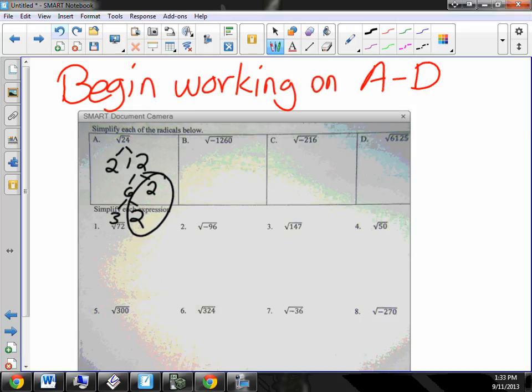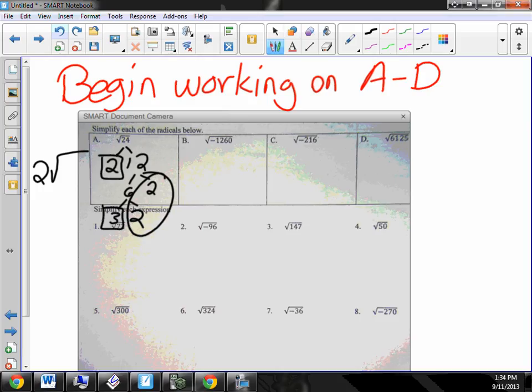For every pair, you bring out 1. So I circle a pair of 2s, which means I can bring out a 2. So I bring a 2 to the outside of the root. Now everything left over stays on the inside and gets multiplied together. So what's left over? I have a 3 left over and a 2 left over.